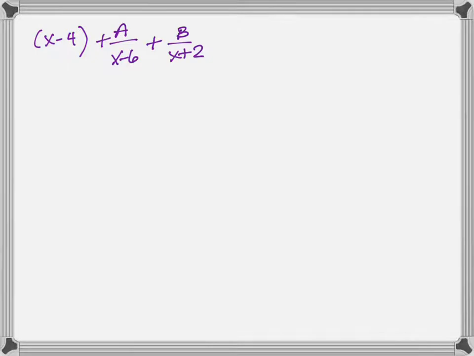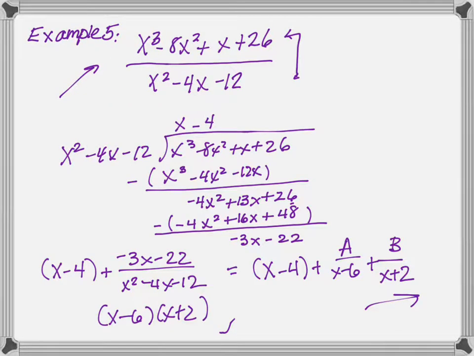well, let's do the multiplication out. This is ax plus 2a plus bx minus 6b has to equal our x. Pause a minute. Have to go back and look at the previous slide to see what we got.